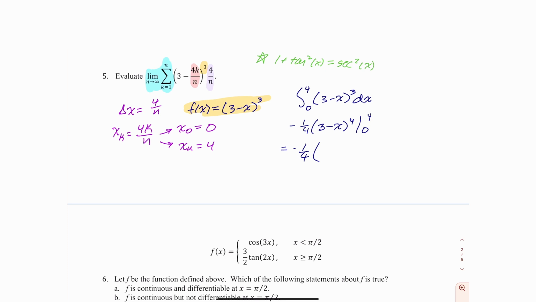If I plug in 4, I get negative 1 to the 4th. And if I plug in 0, I get 3 to the 4th. That's going to be negative 1/4 of 1 minus 81, which is negative 1/4 of negative 80, which is 20. So I think the answer to this question is 20.